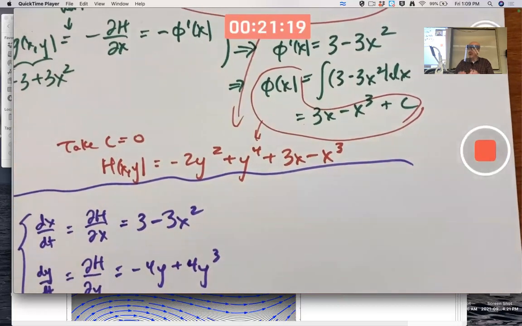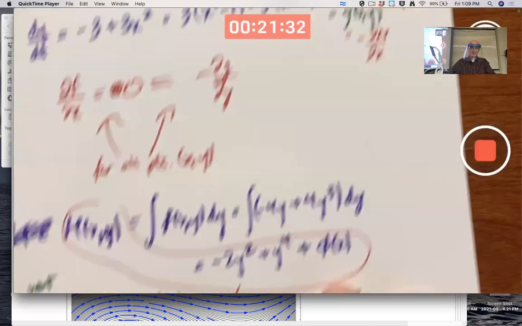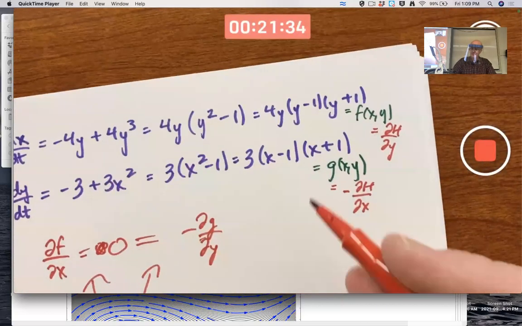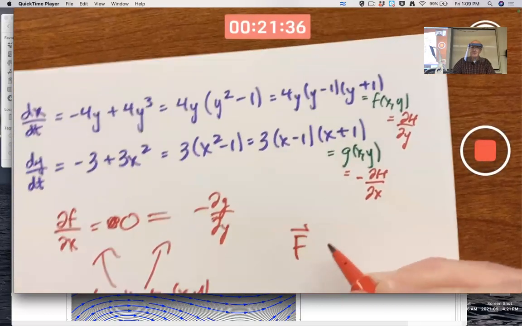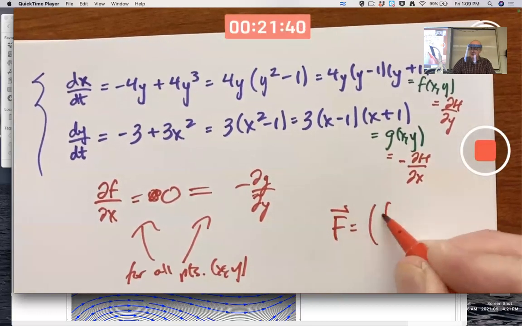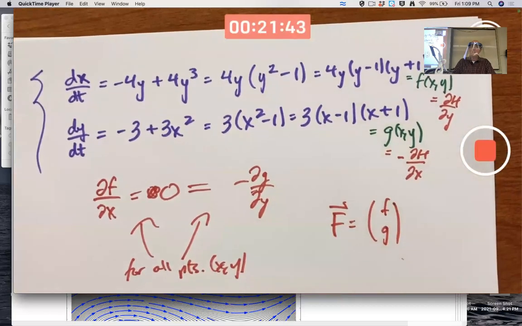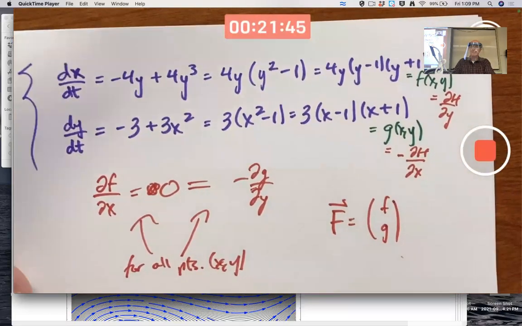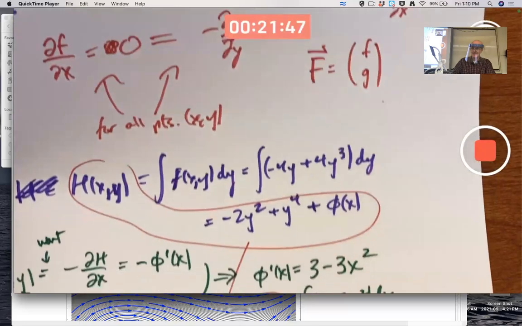Because you swapped those and negated one of them, as vector fields they have to be orthogonal to each other. Anytime you write these as vector fields, capital F has components little f, little g for the Hamiltonian system.